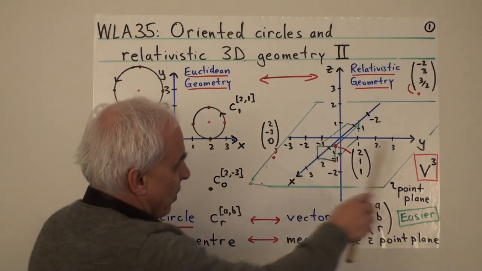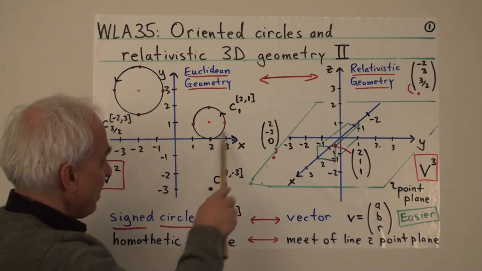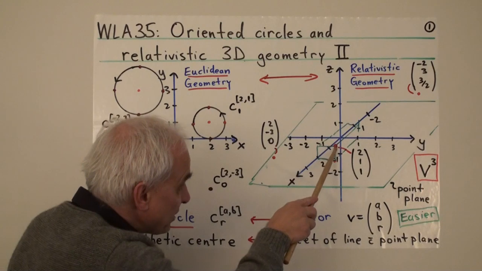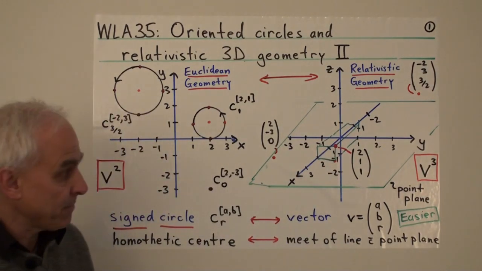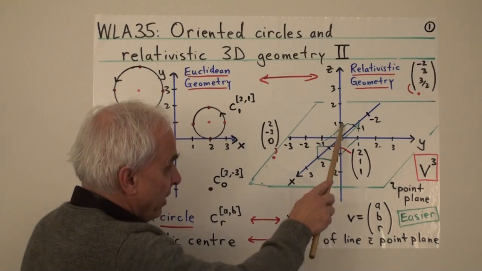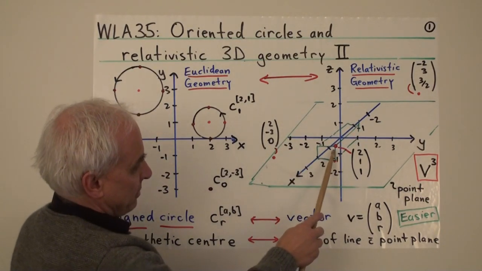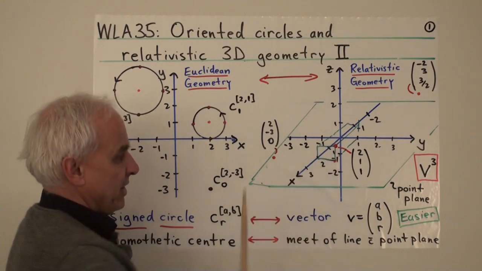So here's x, y, z space, our three-dimensional space as usual, and we're representing this circle in the plane by this particular point in this three-dimensional space. So it's 2 in the x direction, 1 in the y direction, and 1 in the z direction. And I remind you that you can picture that with a little box so that there's the point right there.